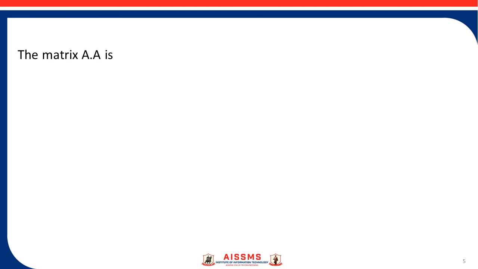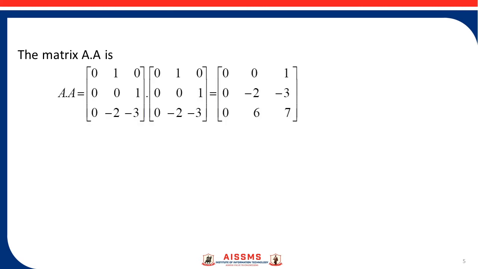Then for A square B, we must first have A dot A, that is matrix A square. Both A are 3 by 3 matrices, so the resultant A dot A matrix is of order 3 by 3. So we got 0 0 1, 0 -2 -3, 0 6 7.